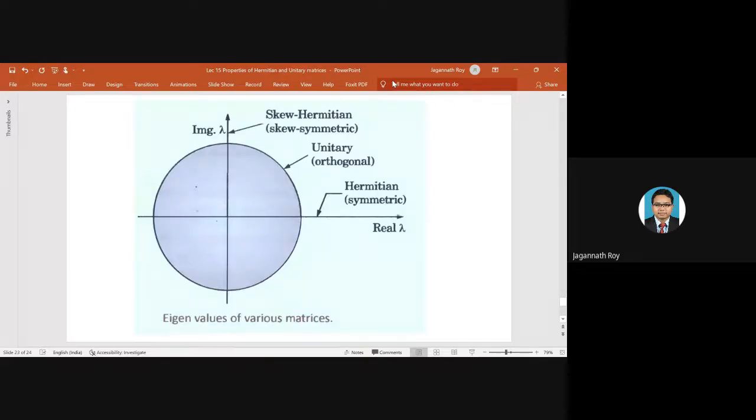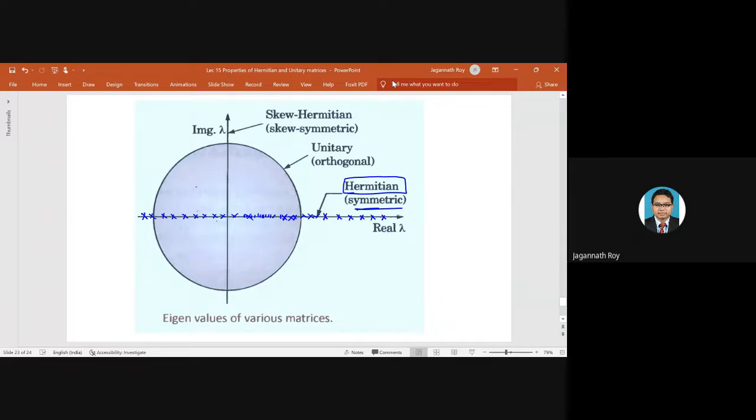Now there is a geometrical interpretation. We have seen that Hermitian matrices have real eigenvalues. So if you consider the complex plane, the eigenvalues of a Hermitian matrix will lie on the real line, because they are real.